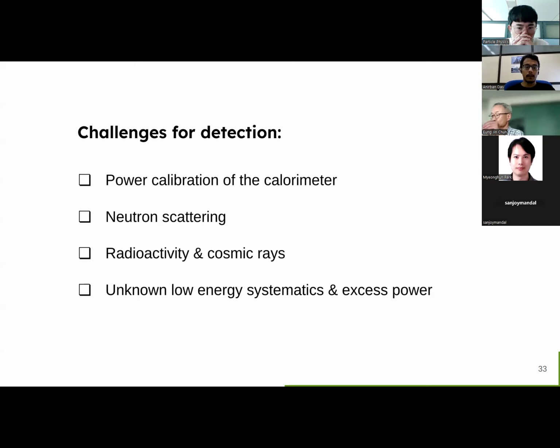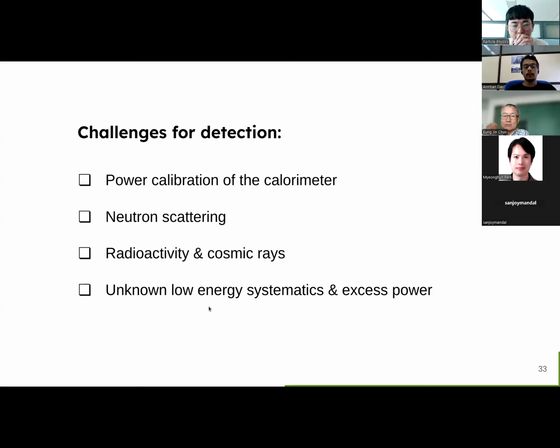On top of that, there are other conventional sources of backgrounds: thermal neutron scattering from the environment, radioactivities, cosmic rays. But we know how to get rid of them, because they appear in other experiments also. You have to do proper shielding and build your experiments in an underground lab.